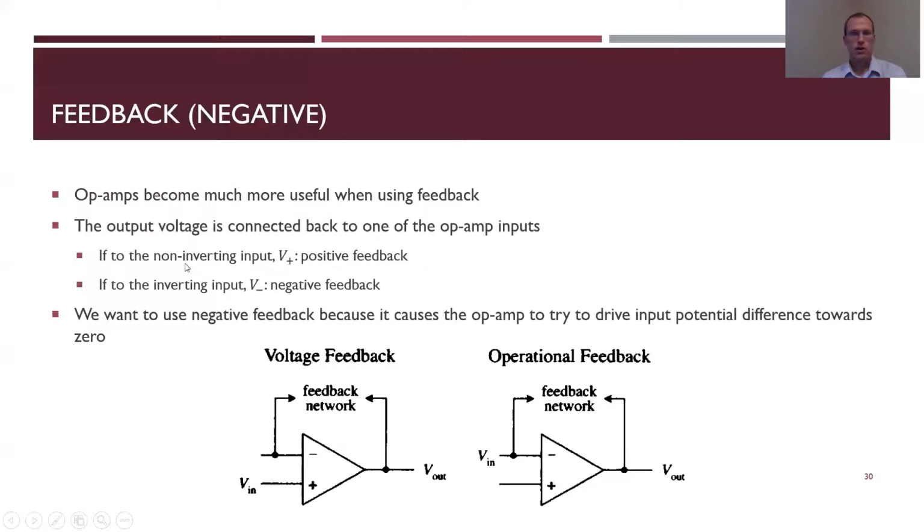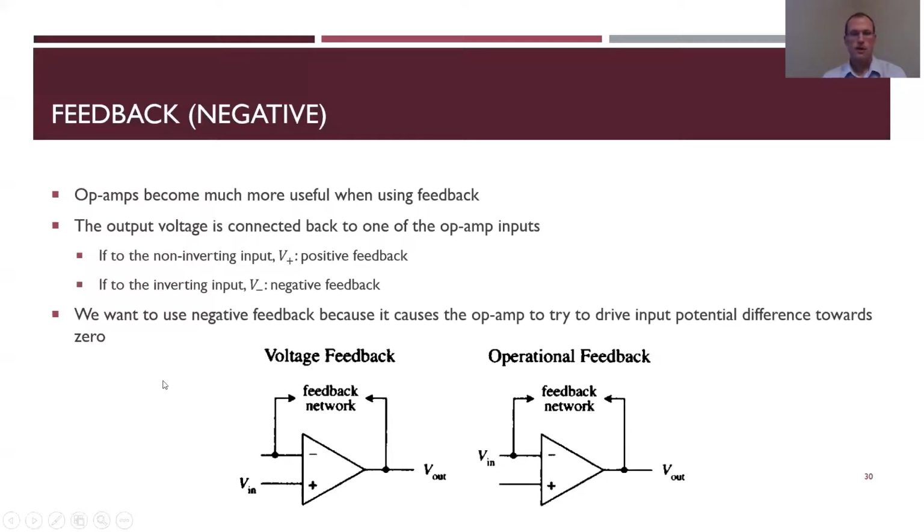Feeding back to the non-inverting input is called positive feedback. If you go to the inverting input, it's called negative feedback. So I have my feedback coming from V out, going back to the negative input on the op amp. If V in is going to the positive non-inverting input, this is voltage feedback. If my V in is going to the inverting input as well, this is called operational feedback.